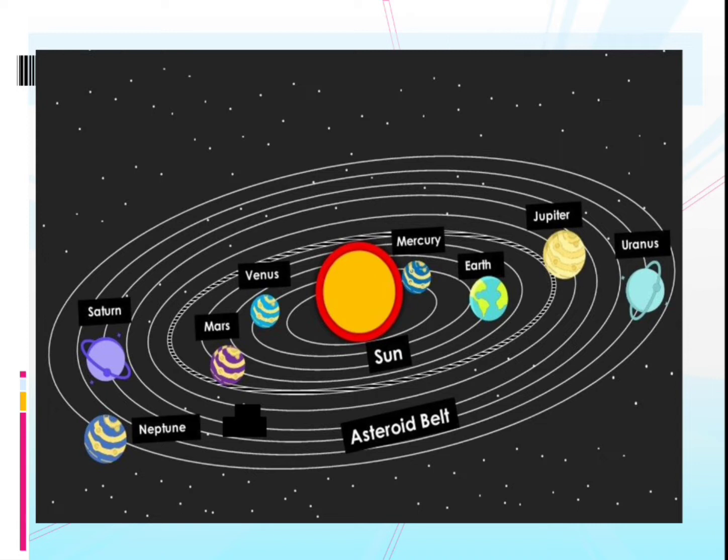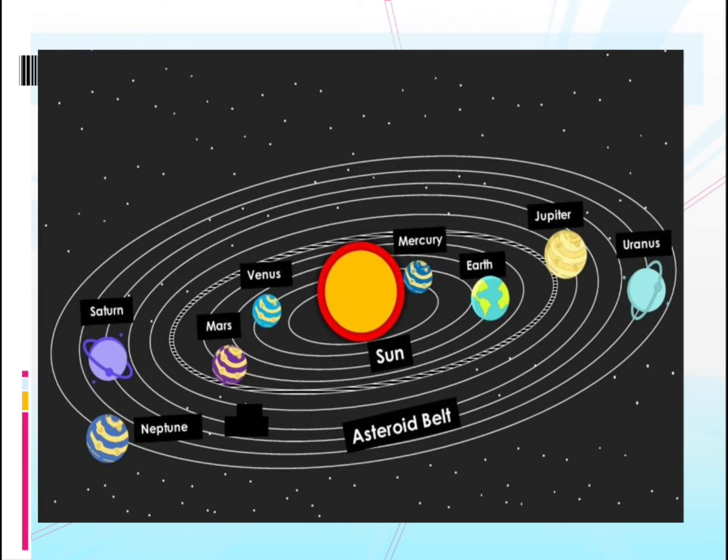To remember these planets and their order easily, you have a sentence: My very educated mother just served us nothing. M for my, Mercury. Very, V, Venus. Educated, E, Earth. Mother, M, Mars.